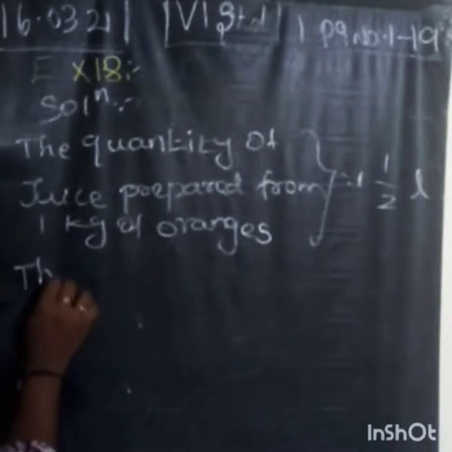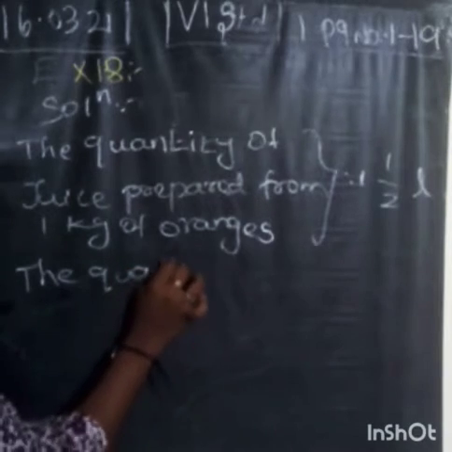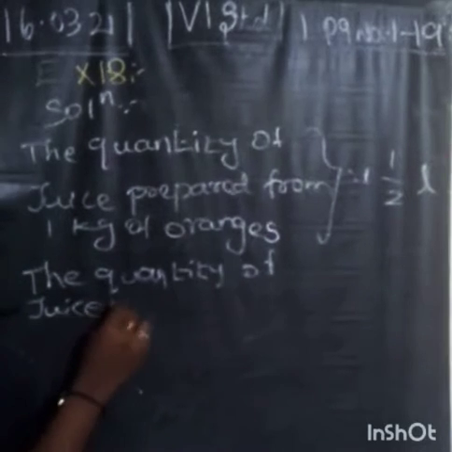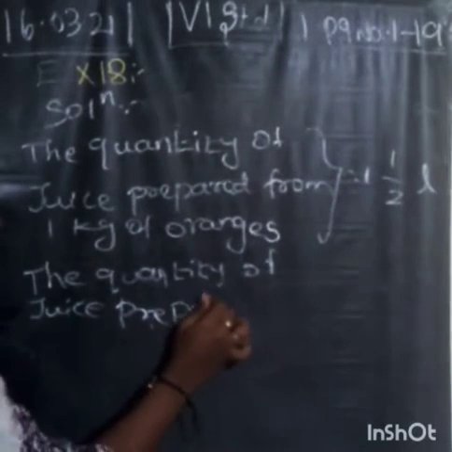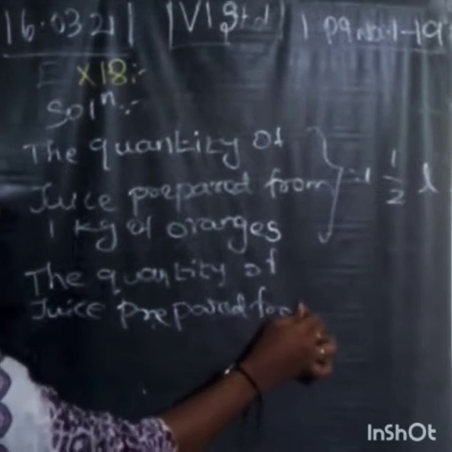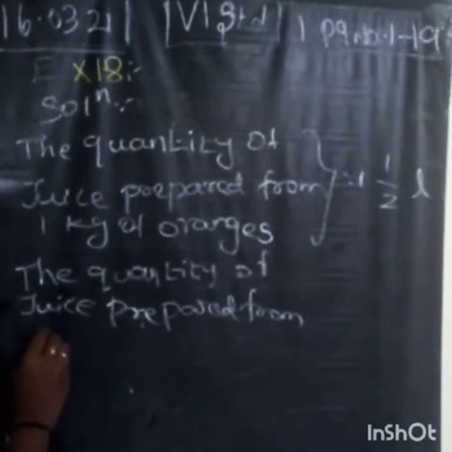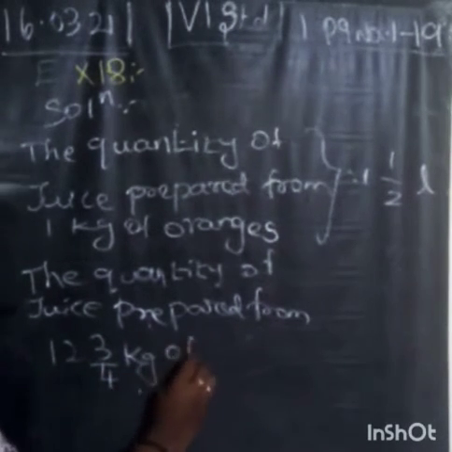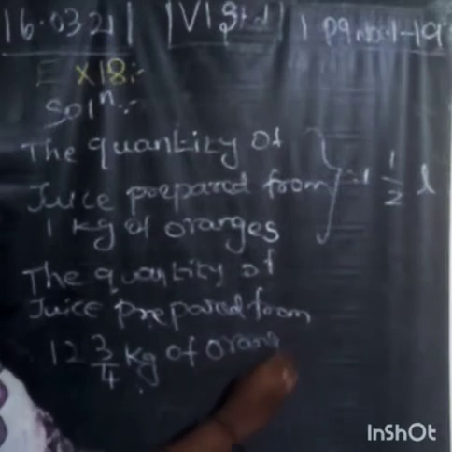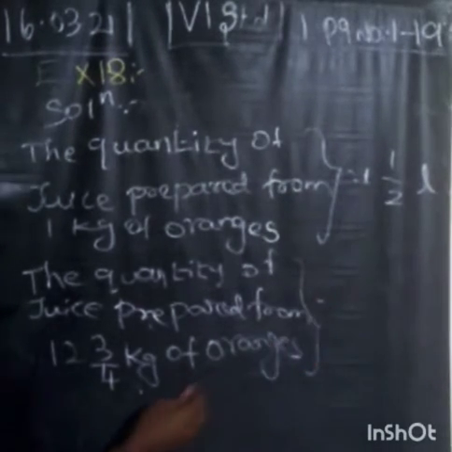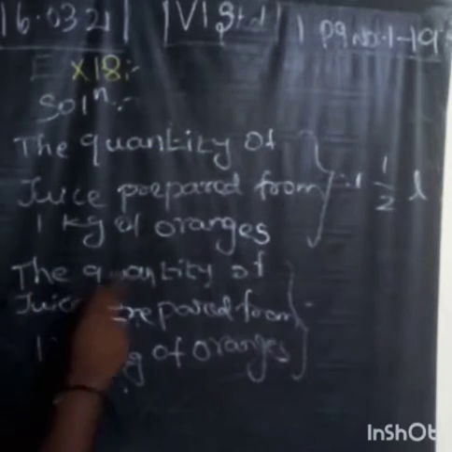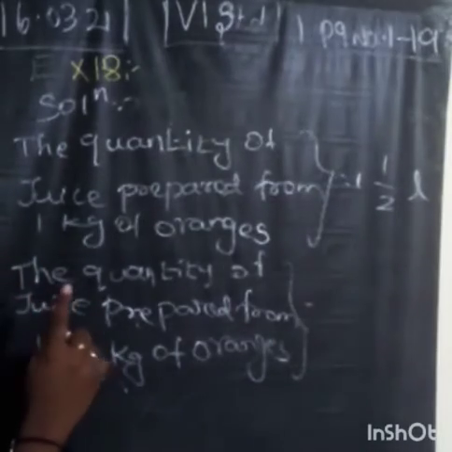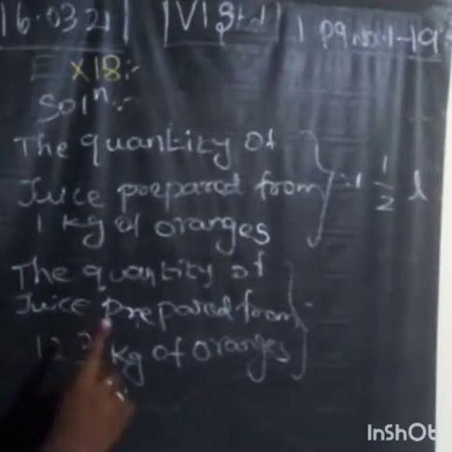Here we have to find the quantity of juice prepared from 12 3/4 kg of oranges. From 1 kg of oranges, we can prepare 1 1/2 liters.